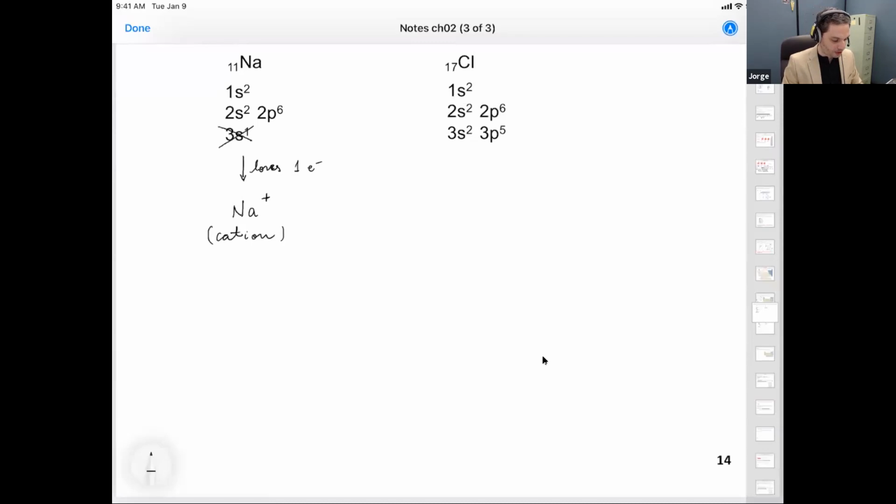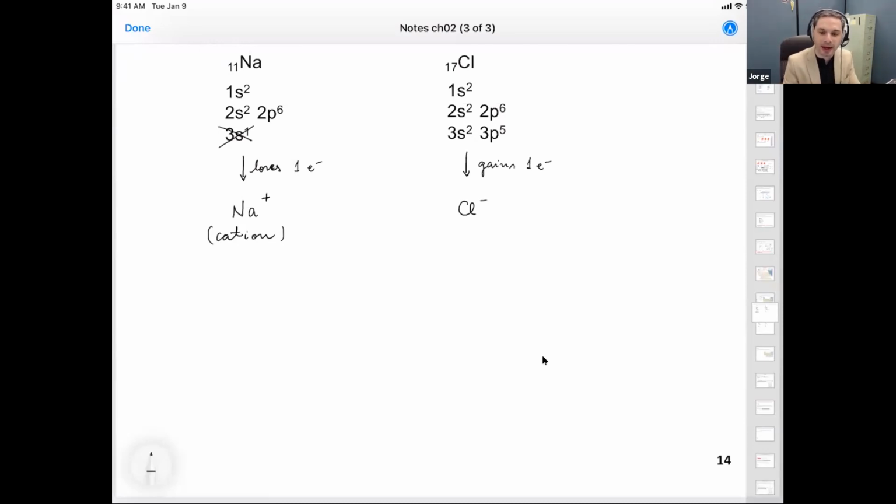On the other hand, chlorine has 7 electrons in the valence shell. To achieve stability, it has to gain 1 electron. When chlorine gains 1 electron, it becomes Cl minus.